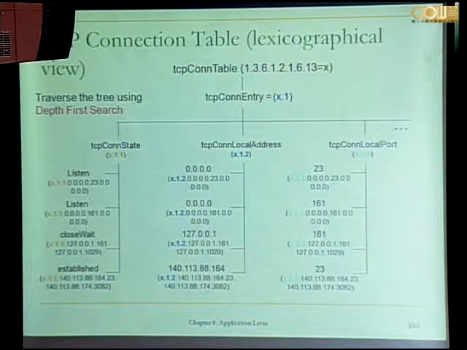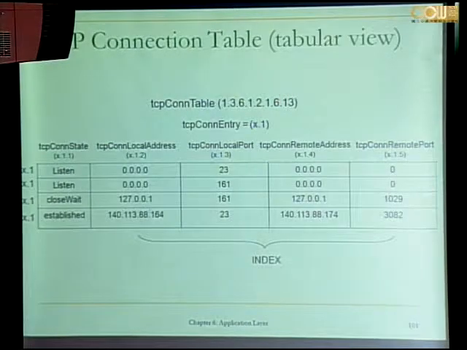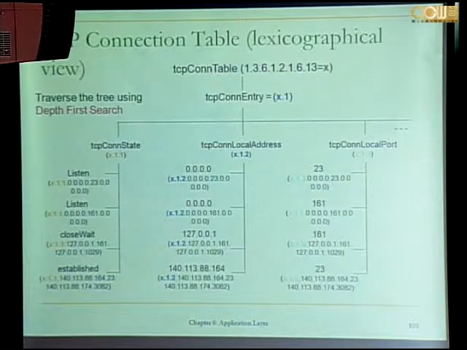Okay, so the table was written as this, but actually it's more like this. And so here the identifier of the entire table is this. And you could retrieve any of the objects here with an additional identifier.